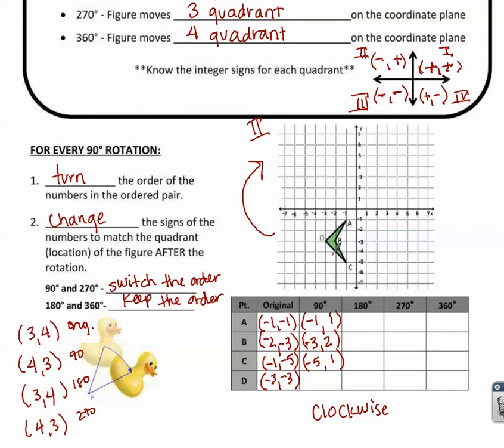And again, you'll end up in the second quadrant, so it's -5, 1. And for D, you'll end up with -3, 3. So let's plot these. And don't forget, when you do these, you'll have 1 tick mark for prime.